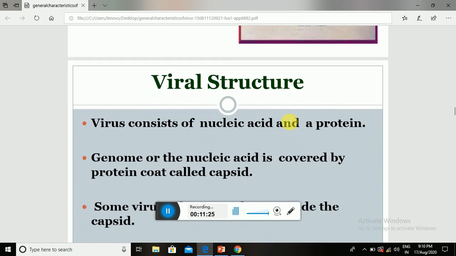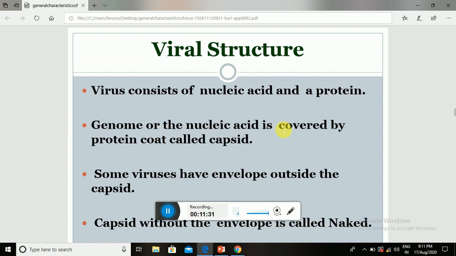So, the viral structure: a virus consists of nucleic acids and proteins. The genome, or nucleic acid, is covered by a protein coat called a capsid. The capsid is made up of capsomers, and capsomers are made up of viral proteins.